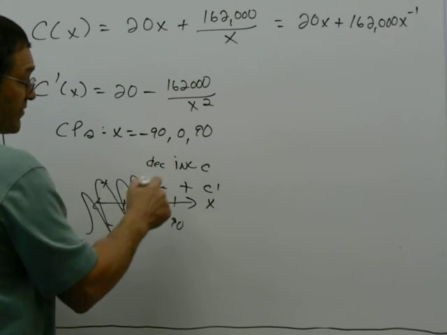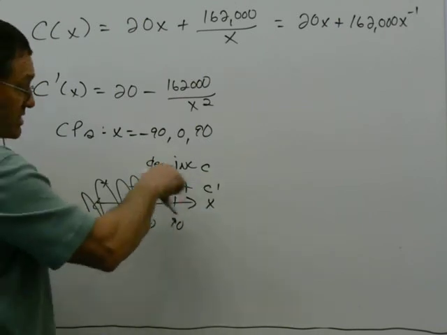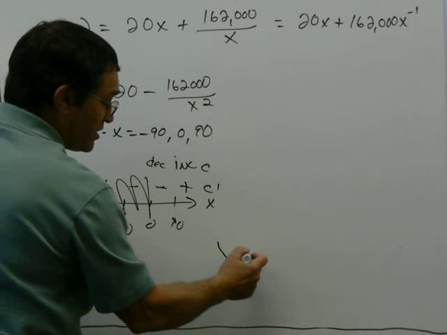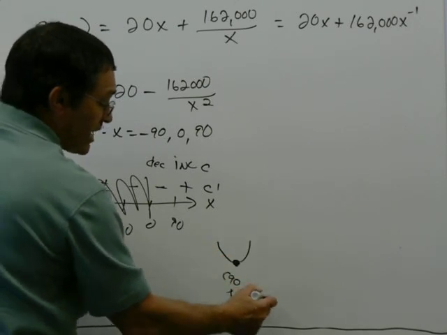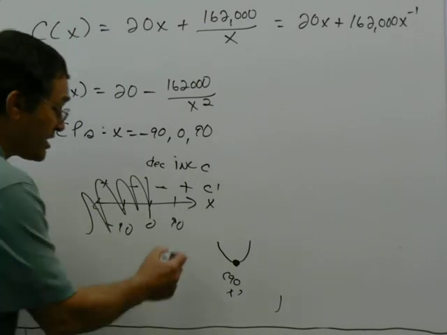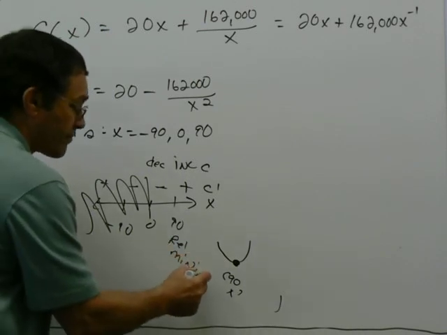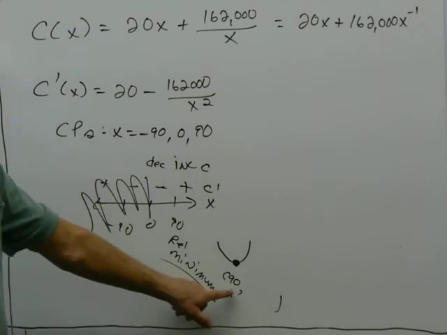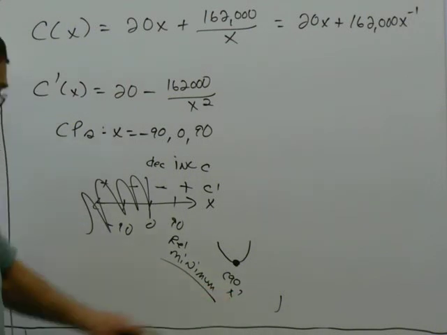The key thing is the function c is decreasing for x up to 90, and it's increasing after, so it's going down, and it's going up. And that means my cost is going to be minimum when I let the dimension x equal 90.